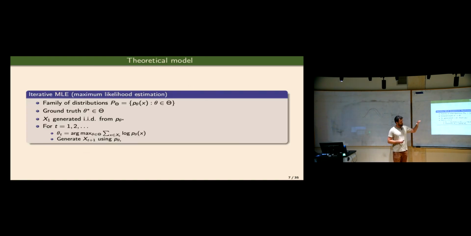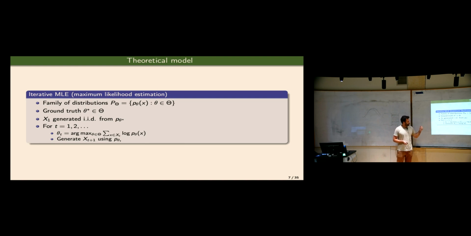So maybe just to set some notation before I keep talking. The general framework we're going to be in is what I call iterative maximum likelihood estimation. We start with a family of distributions, p theta, where theta are just some parameters that we're trying to learn, like the parameters of a neural network. And there's going to be some ground truth theta star. We start with a data set that was generated from theta star.